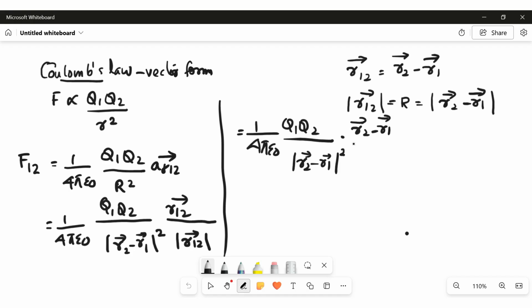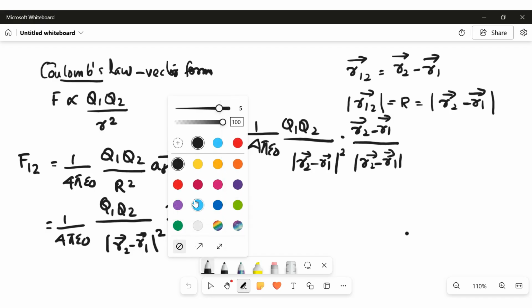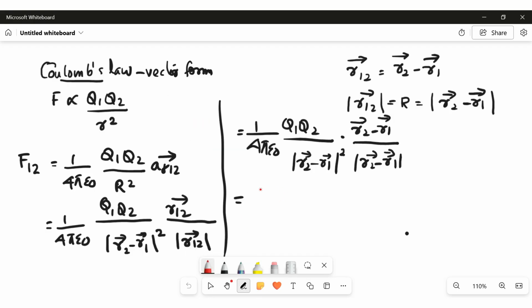We know here that magnitude of R12 is again magnitude of R2 minus R1. So it can be written as 1 by 4 pi epsilon 0 Q1 Q2 divided by this square into this one, that will be cube: magnitude of R2 minus R1 the cube, into vector R2 minus R1.